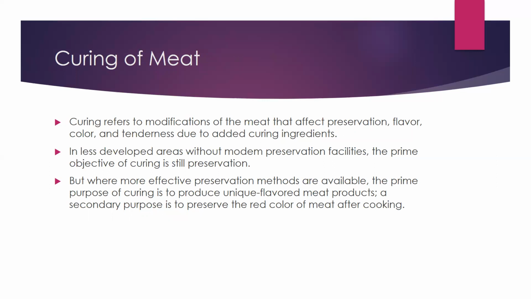Like in lesser developed countries, where modern preservation techniques are still not available, the main purpose of curing is still preservation. But curing is mainly used for the purpose of producing unique flavored meat, and there is also a second purpose of preserving the red color of the meat after cooking. So curing is mainly done for these purposes.